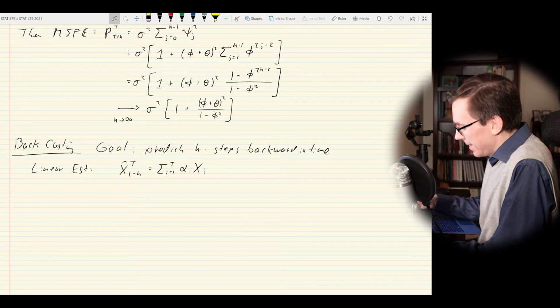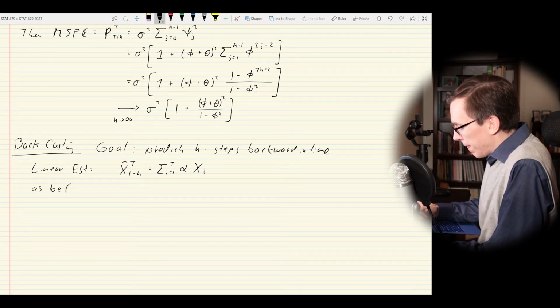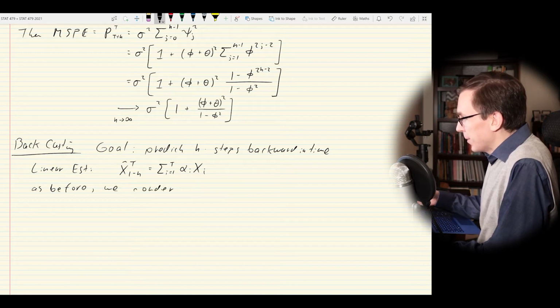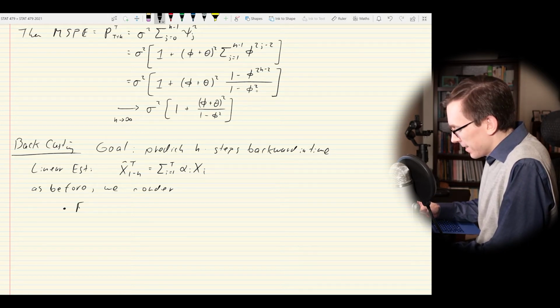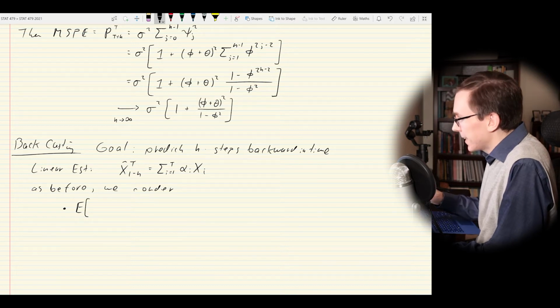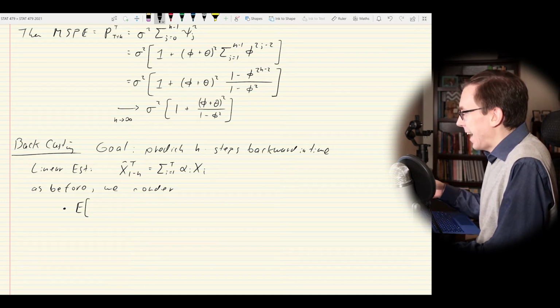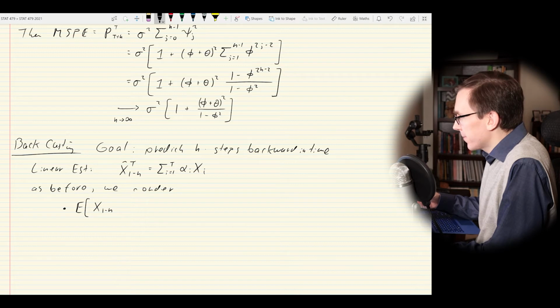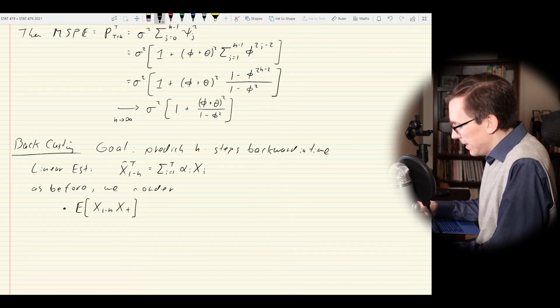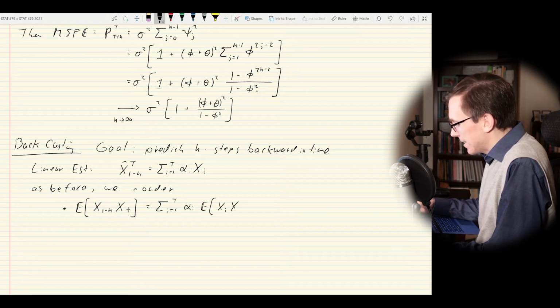So what we can do is, as before, we consider multiplying both sides of this equation by x t, and then taking an expected value. So we look at this above equation without the hat, and we say x 1 minus h times x t is equal to the sum from i equals 1 to T of alpha i times the expected value of x i x t.